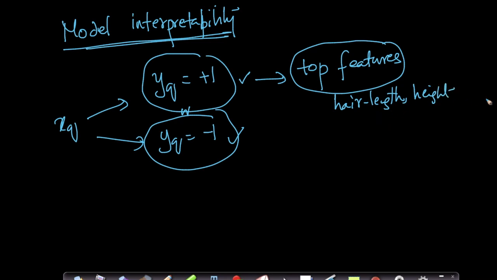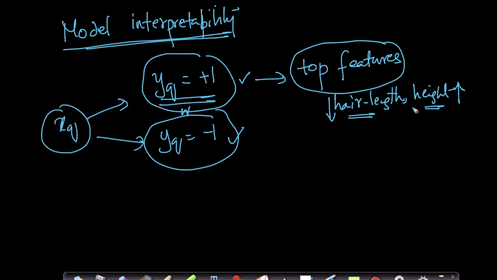And these are the two most important features in determining gender. So for example, if hair length is short and if height is more, I'll say yes, because smaller hair length implies that it's a male, and similarly, more height typically implies it's a male. Hence, I am saying that the class label for a given query point is +1.